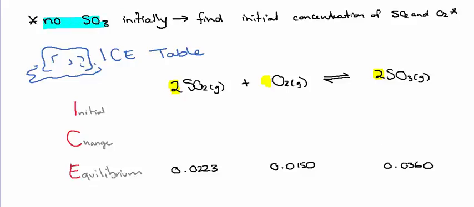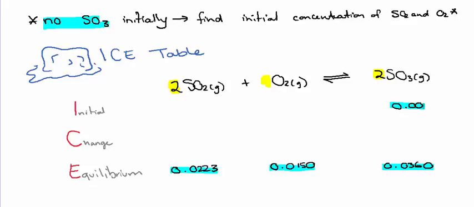We've also been told that there was no sulfur trioxide initially, so that means our initial concentration was 0. So at this point, we've put in all of the information that we know.